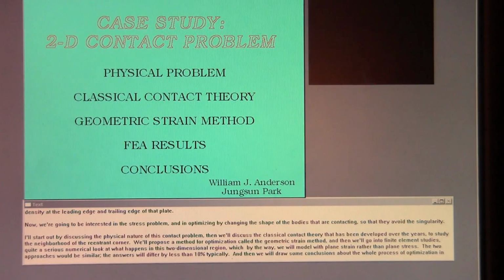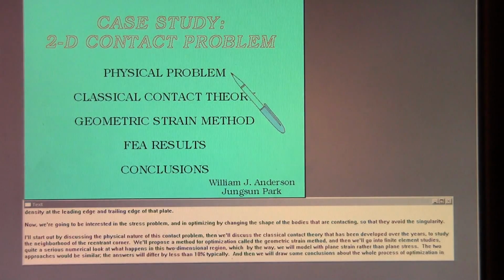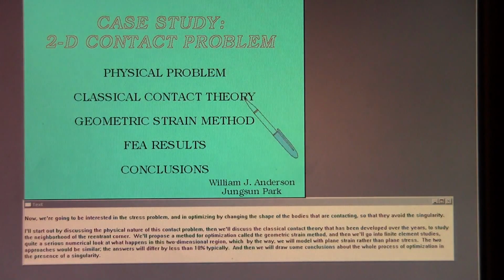I'll start out by discussing the physical nature of this contact problem. Then we'll discuss the classical contact theory that has been developed over the years to study the neighborhood of the reentrant corner.